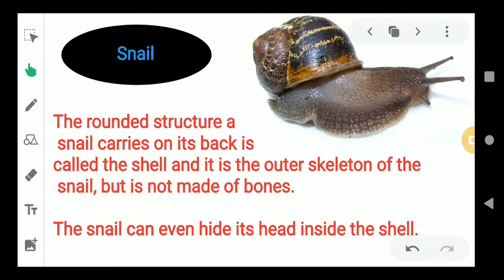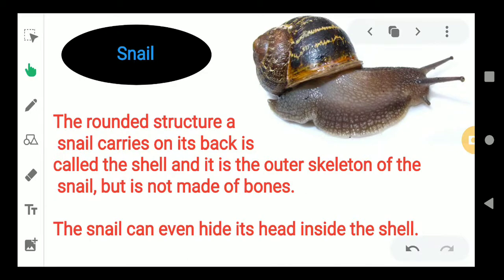Next we are going to discuss the snail and its locomotion. The rounded structure a snail carries on its back is called the shell. Have you seen snails with shells? There are different varieties of snails. Some of the snails have shells.